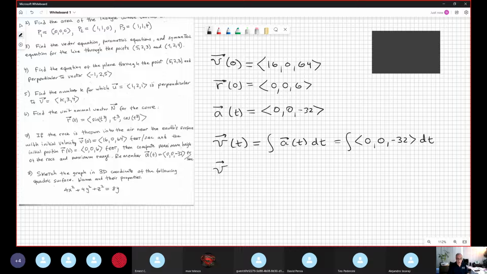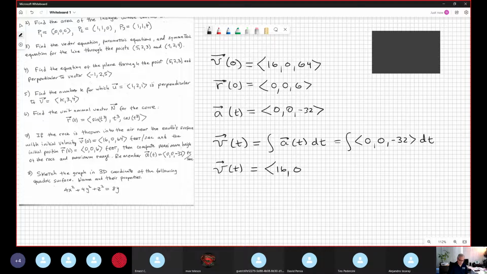And what constant? Well, the initial condition. Look, this is velocity, so the antiderivative of acceleration is velocity: 16, 0, because the component in the y direction of the velocity is 0. Okay, it's given.